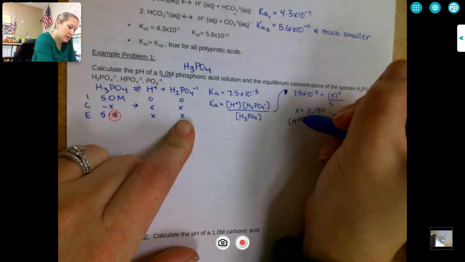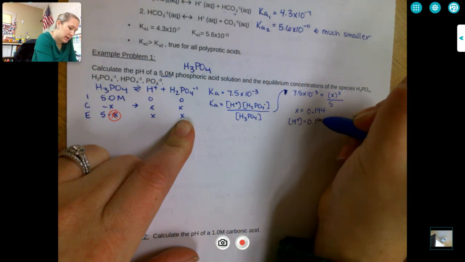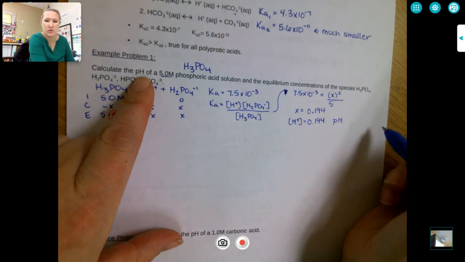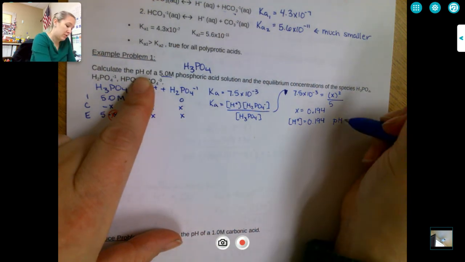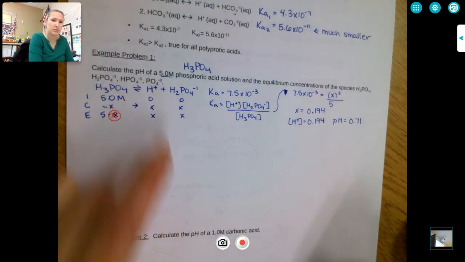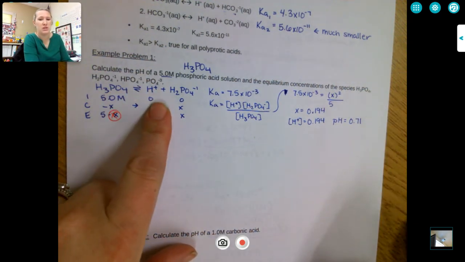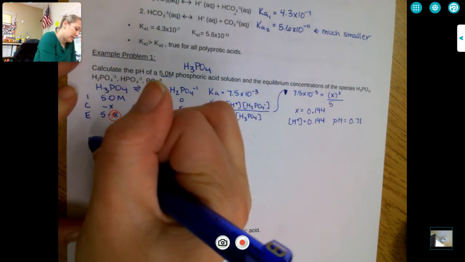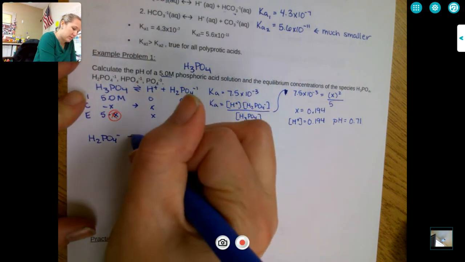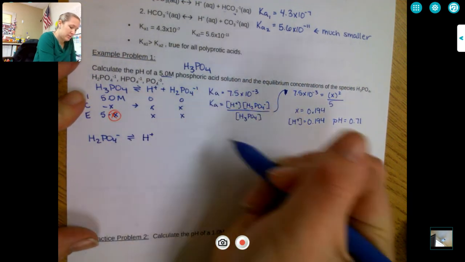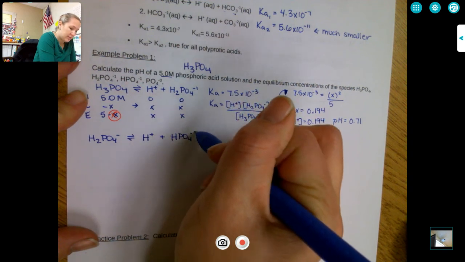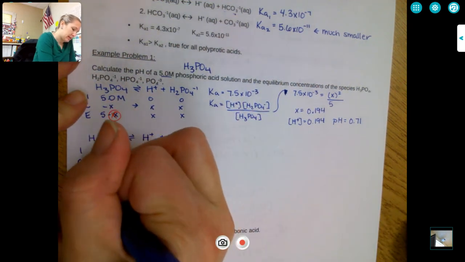So here I've got my hydrogen ion concentration of 0.194, and I want to know the pH as well. What's my pH to start? Negative log of that, and I get a pH of 0.71. So that is my first hydrogen popped off. Now I've got my second step: H2PO4 minus hanging out in my solution. It's going to lose a hydrogen ion, and then I'm going to have HPO4 2 minus.